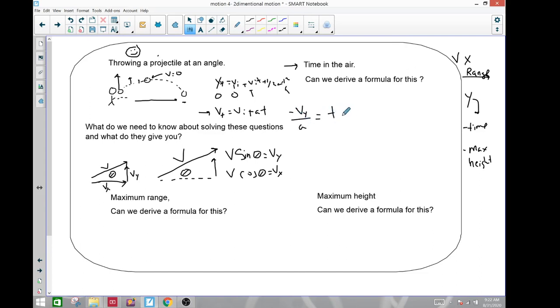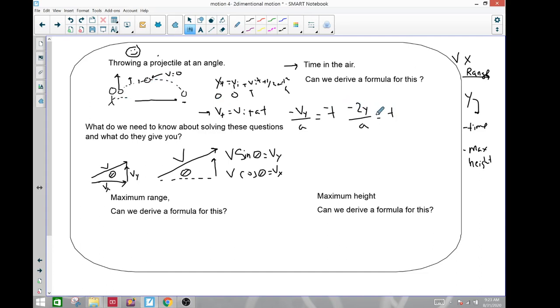Now, this is the time to go to the top, so this is 1/2 the time. I would double this, so it's going to be negative 2 times the initial velocity in y over the acceleration of gravity, equals the total time of the trip. I doubled it because the time up equals the time down.